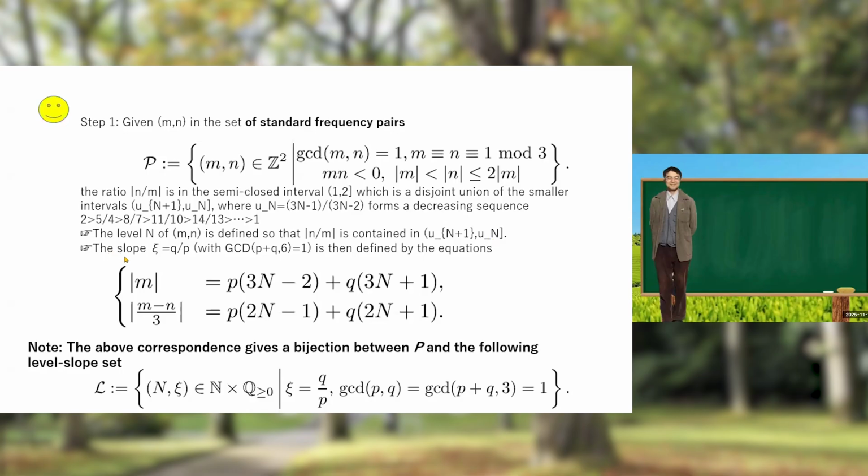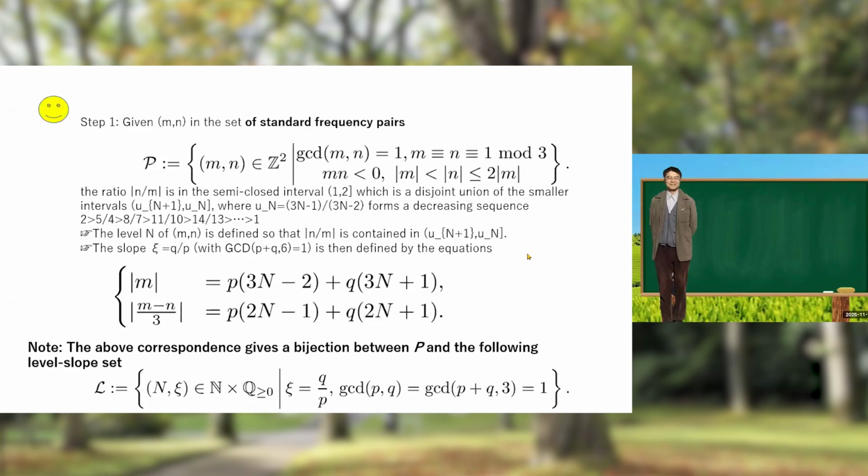And then once we determine the level, then m and m minus n over 3 have a unique solution in positive integers by these simultaneous equations. Then we obtain the slope q over p, xi, satisfying this condition.